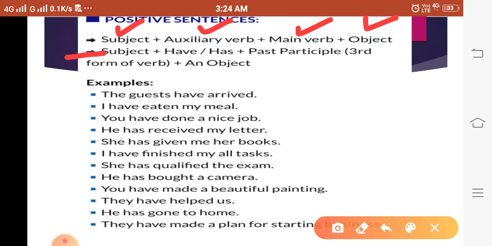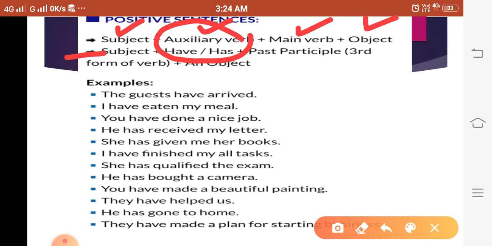The subject can be singular or plural, a noun or a pronoun, and then we use the auxiliary verb, which is has or have. If our subject is singular, we will use has. If our subject is plural, we will use have.